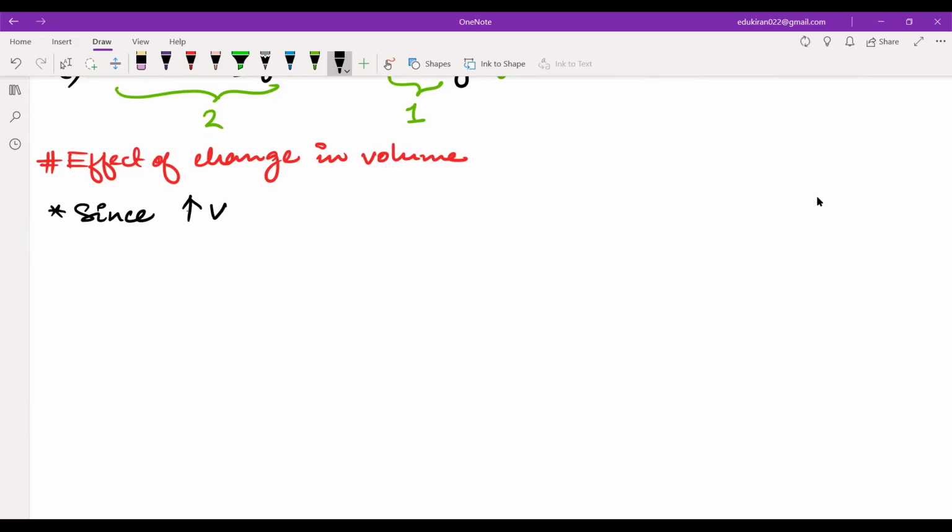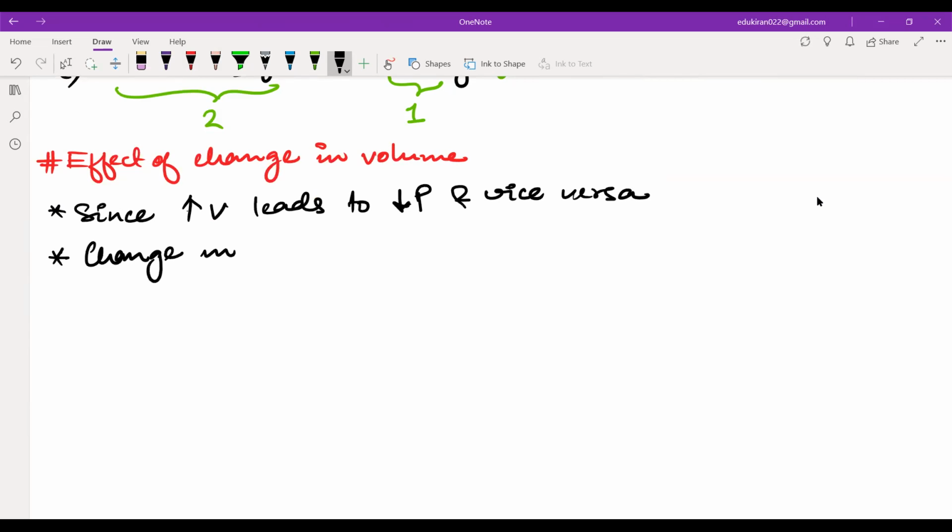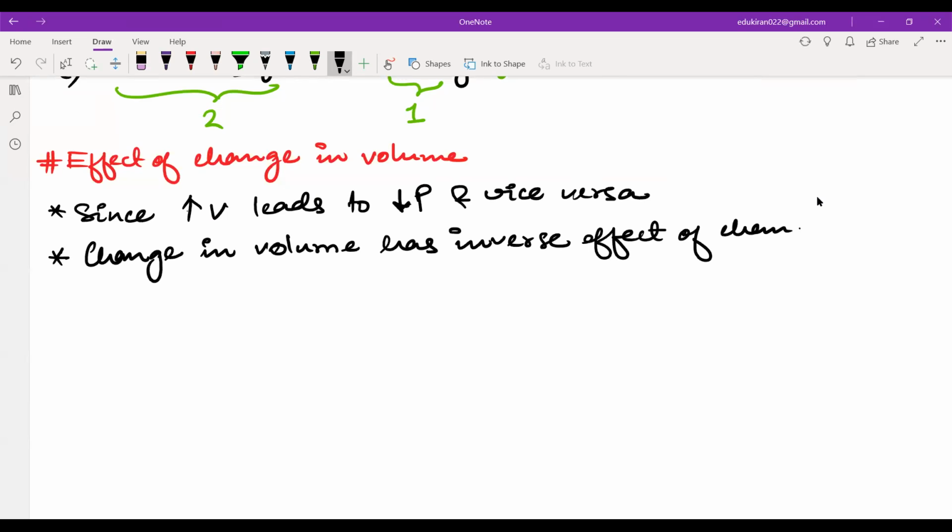Since increase in volume leads to decrease in pressure and vice versa, hence what will happen? Change in volume has inverse effect of change in pressure.